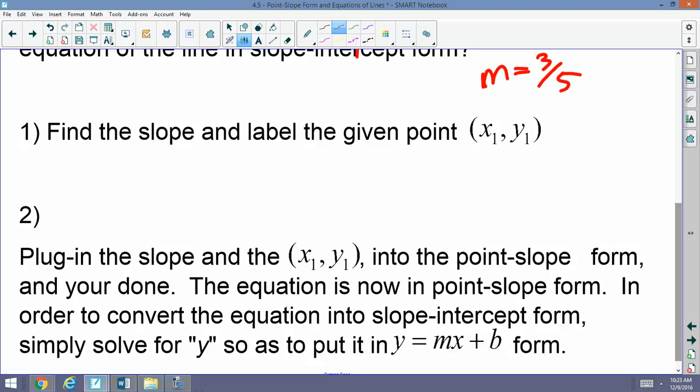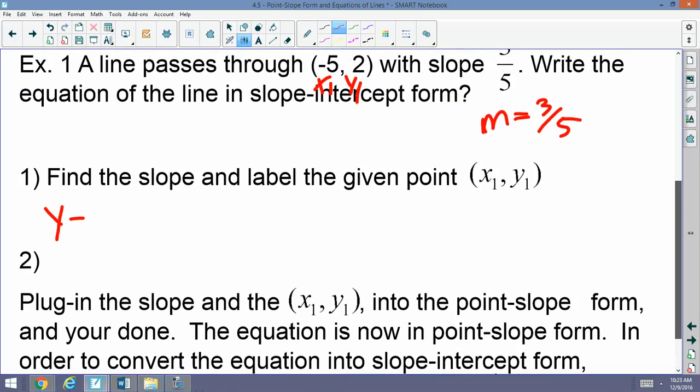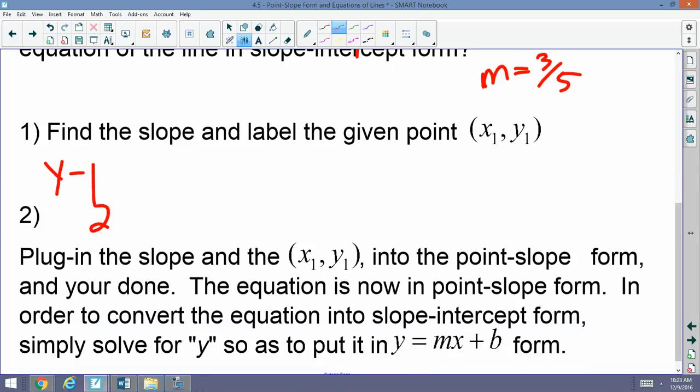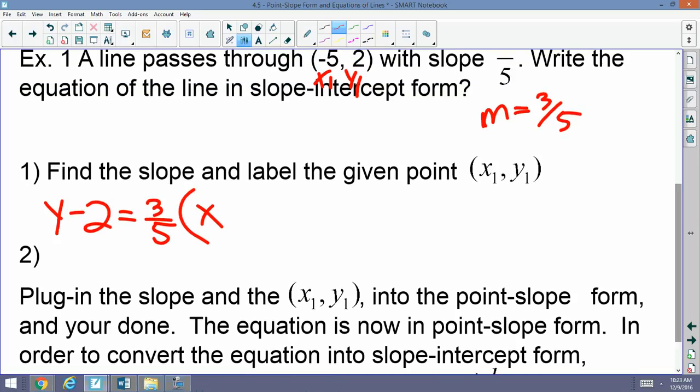Now, in order to convert the equation into slope-intercept form, simply solve for y. So check it out. I've got y minus y1, which was 2, equals m of 3/5 times x minus x1, which is negative 5.